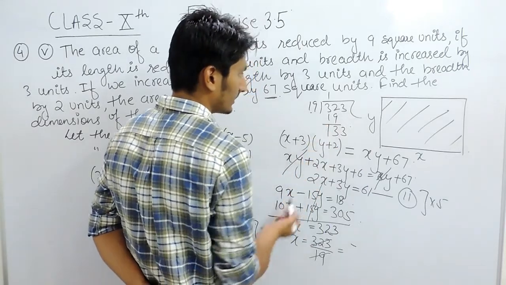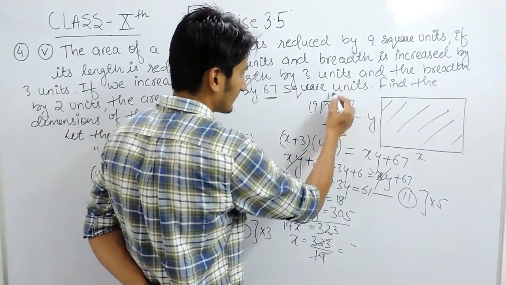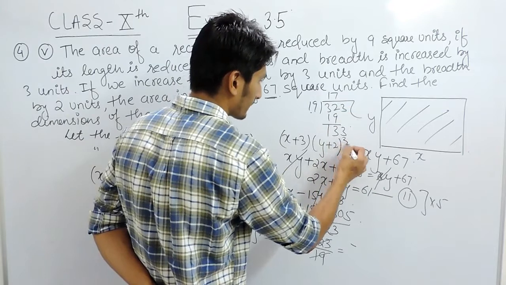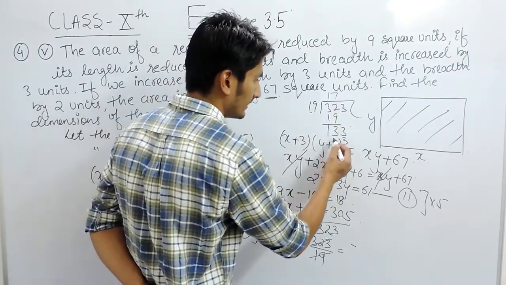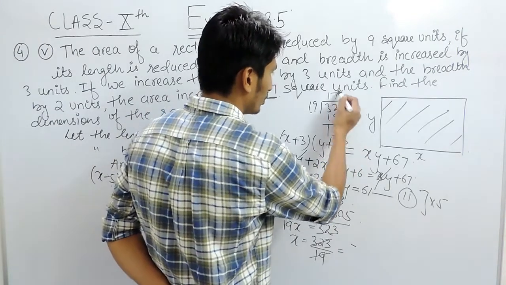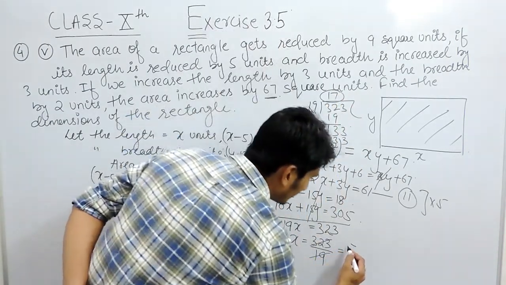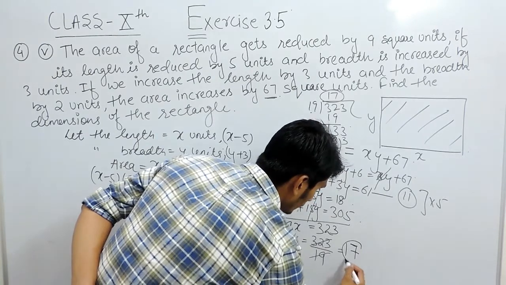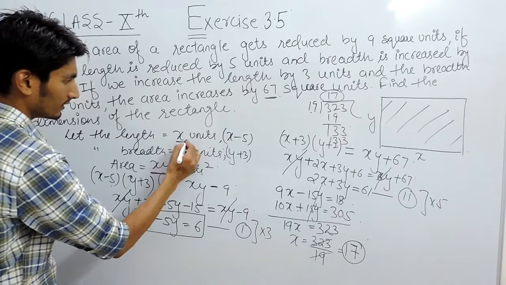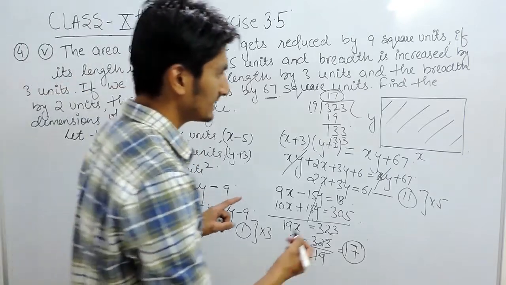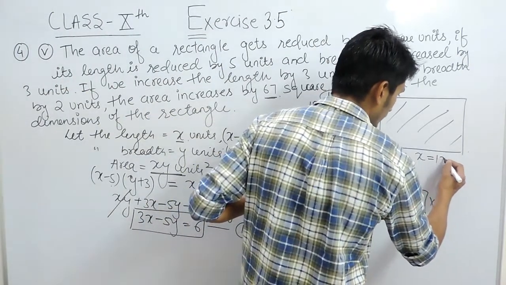And if you multiply, this is 7 9s are 63. So this can be cancelled 17 times. So our answer, or you can say the length of the rectangle should be equals to 17 units.